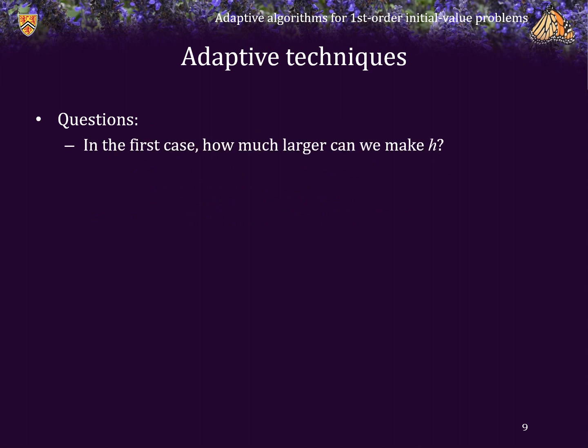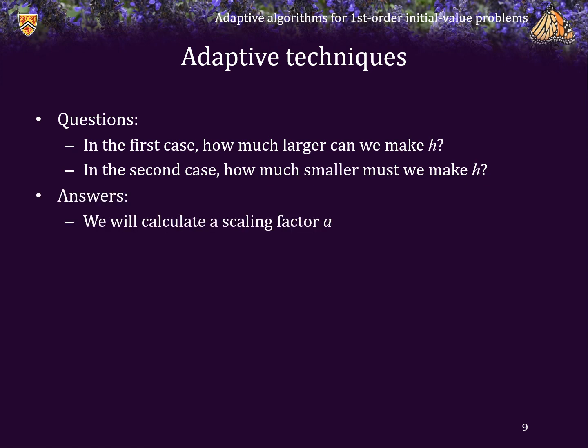In the first case, how much larger can we make h? In the second case, how much smaller must we make h? All right, answer. The way that we're going to do this is we're actually going to calculate a scaling factor a.